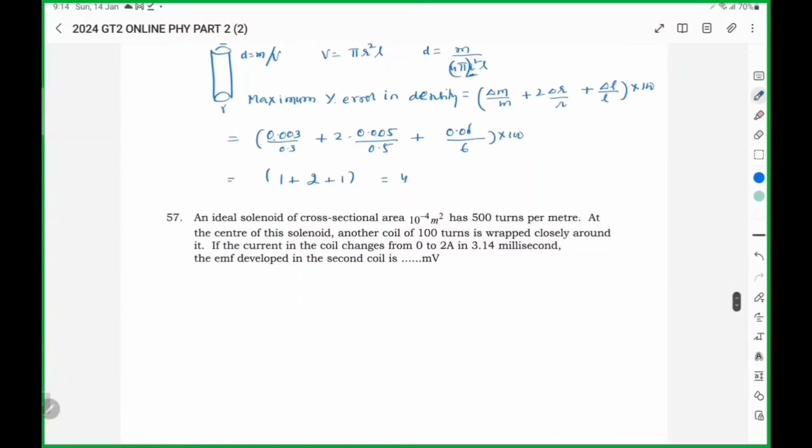Next, an ideal solenoid of cross-sectional area 10 power minus 4 meter square. So here n is the number of turns per unit length, that is per meter, 500.